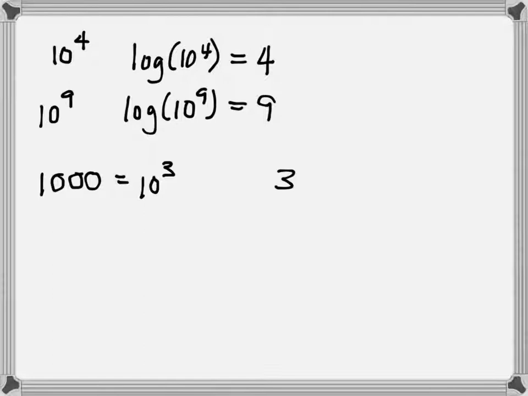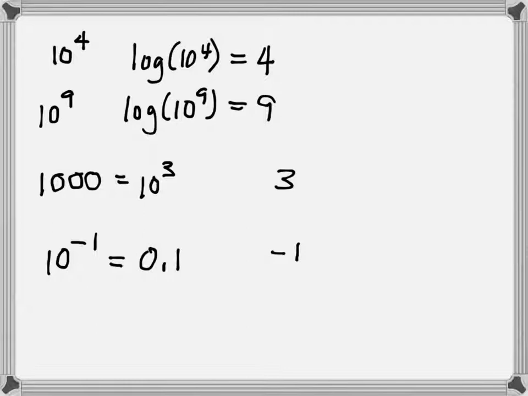And when we look at numbers like 10 to the 4th, 10 to the 9th, we can do those in our head. If it's a negative exponent, 10 to the minus 1, which would be 0.1, the logarithm of that is minus 1. So a logarithm can return a positive or a negative number depending on whether the exponent is positive or negative.